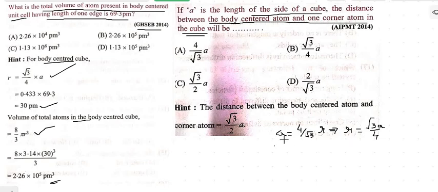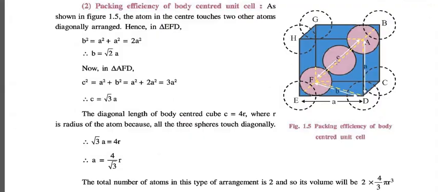The formula is a is equal to 4 by root 3 r, and if you make r the subject, it will become root 3a by 4, cross multiplying this. And now you know the distance between the body centered atom and one of the corners is 2r.